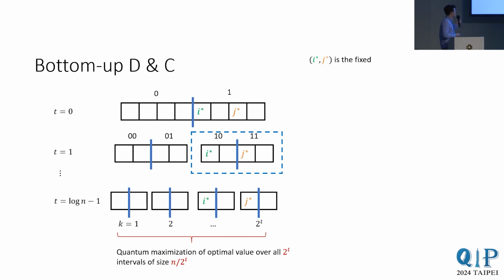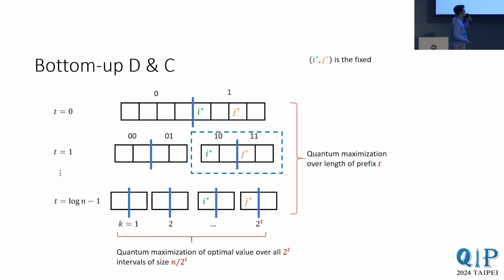What we're going to do is use the quantum maximization finding algorithm to find the optimal value over all the 2 to the t intervals of size n over 2 to the t. And we can do another quantum maximization finding over the length of the prefix t here. So we have a two-level quantum maximization finding algorithm.